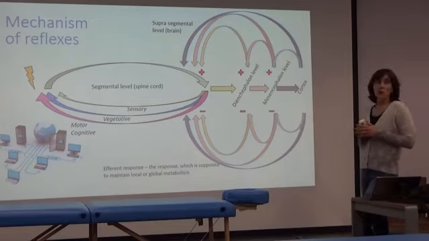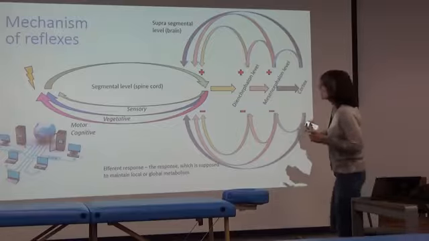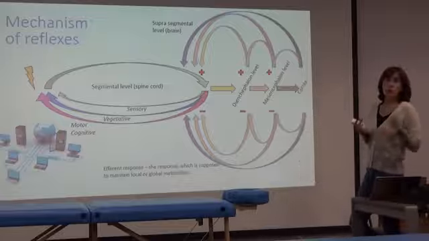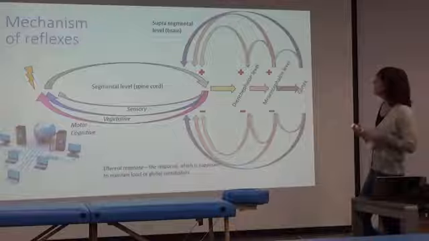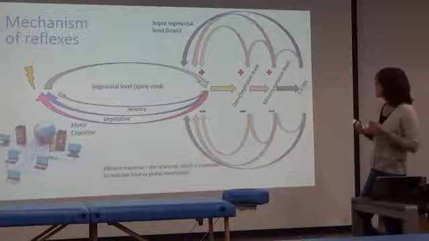The stimulus could cause different reflex activity. It could be sensory reflexes, vegetative reflexes, or muscular reflexes, and then they're going to be regulated on the level of the spinal cord, on the suprasegmental levels in the brain.